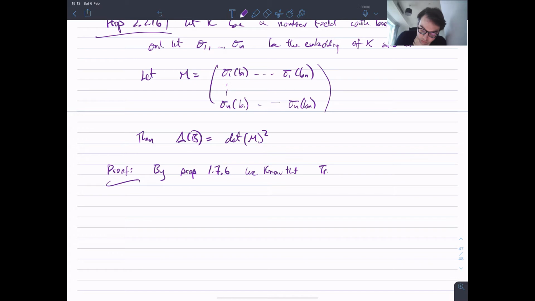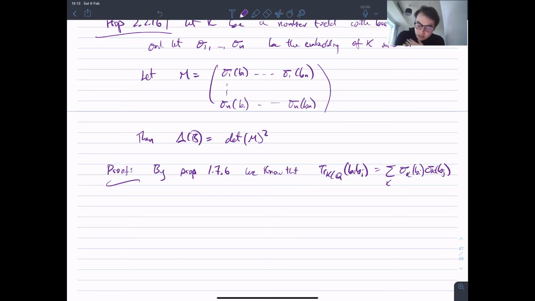That if you consider the trace from K to Q of bi times bj, you get the sum over k of sigma k of bi times sigma k of bj. The sigma is a ring homomorphism, so sigma of the product of the two things is the product of the two sigmas.